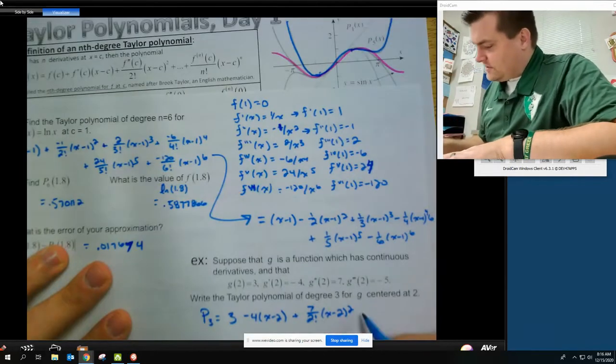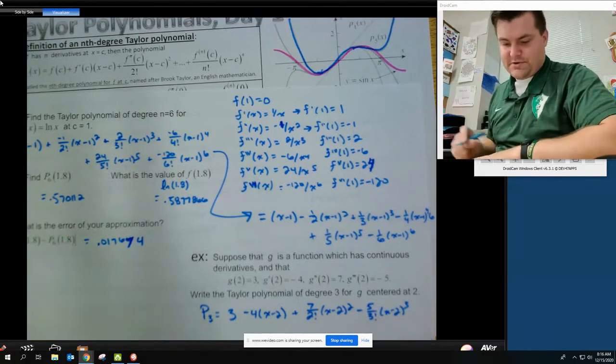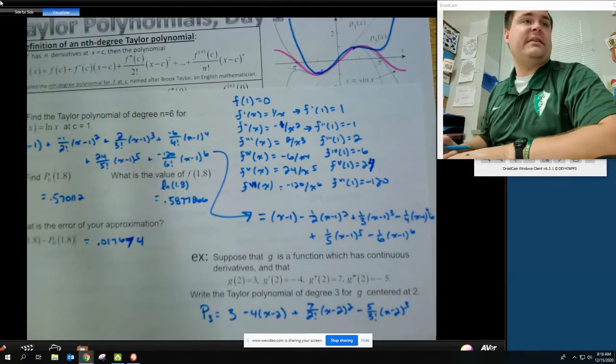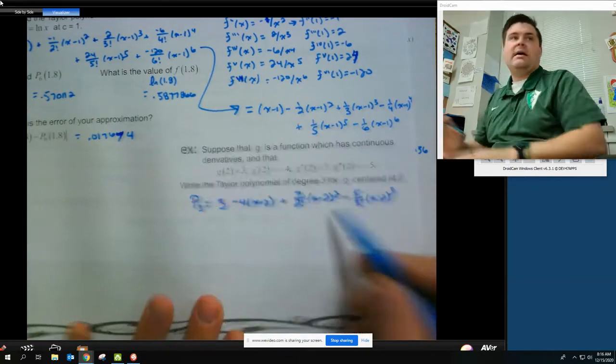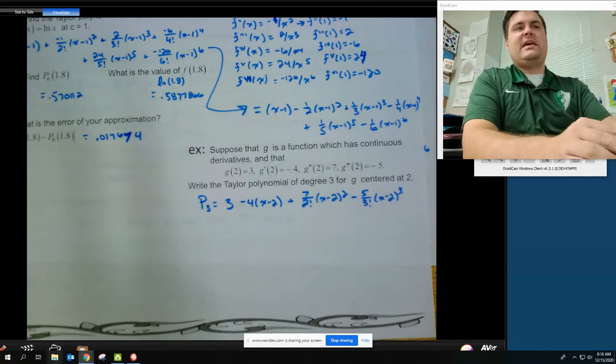And then this is going to be minus 5 over 3 factorial x minus 2 cubed. All right, and then you can simplify this if you want. Not really that big of a deal, so I'll just leave it like this. Okay, and that's going to wrap our video here for our first day of Taylor Polynomials.